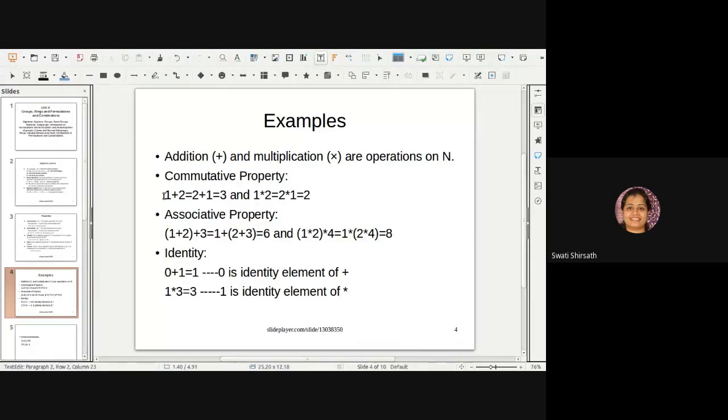I have picked any two elements and performed the commutative law on them. So 1 plus 2 is equal to 2 plus 1, giving us 3. It means it is satisfying the commutative property. Am I right?